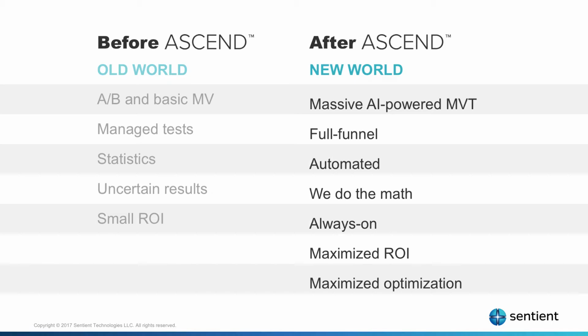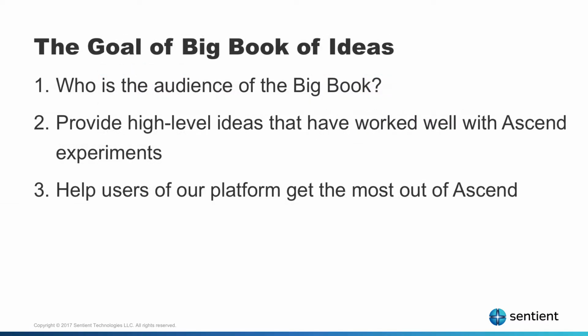It's all automated. We do the math. We promote this notion of always on, where you can continue to leave the experiment on, and the system, the AI, will find the best performing combination based on the behavior of the users to your site, where you will maximize your ROI and maximize your optimization of your site.